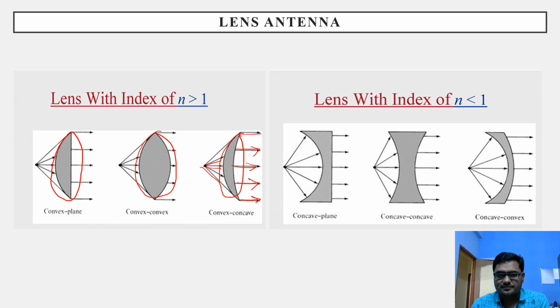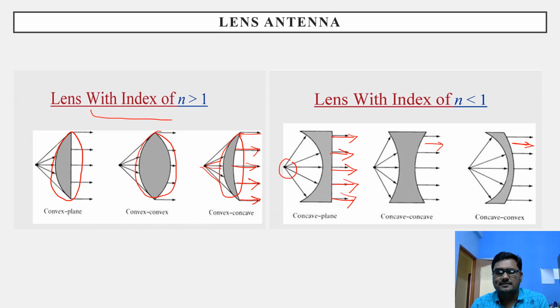Look at the concentration. Right? You feed anywhere, when they are coming out, they will be directed or concentrated in a particular direction. Look at this direction. Look at this direction. Right? Those are lens type of antennas.